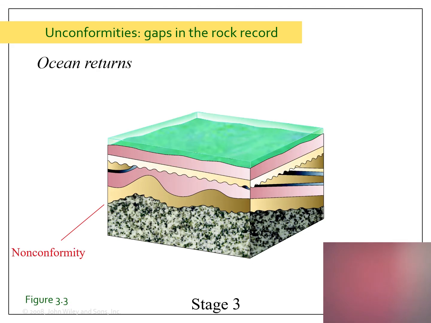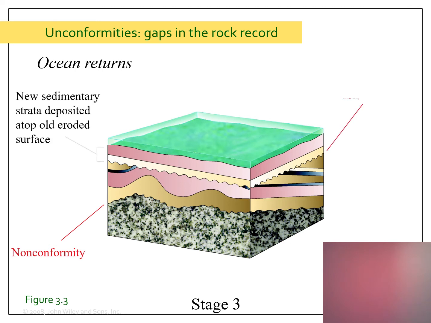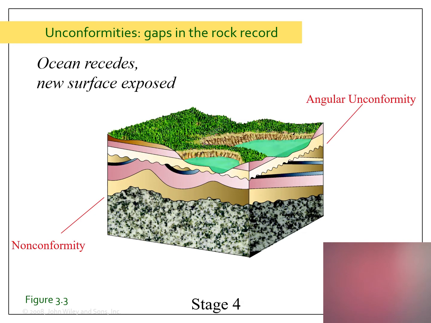Let's bring the ocean back. The ocean comes back, more sediments are being deposited that will turn into rocks on top of those tilted rocks. So you know what we have here. Say it with me. We have an angular unconformity. Rocks are tilted underneath. All right. So after that, ocean recedes once more and a new surface is exposed.